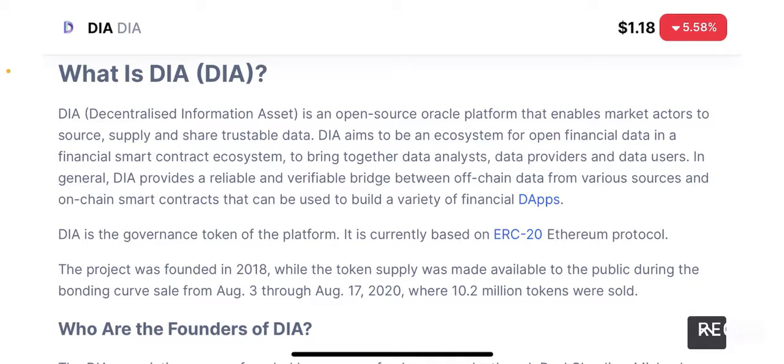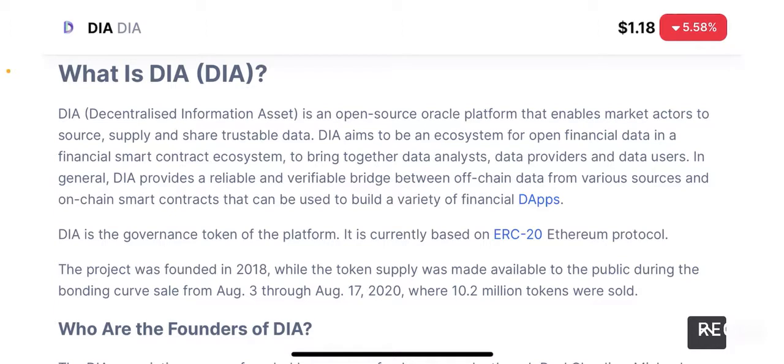So their main speciality is that they provide a reliable and verifiable bridge between off-chain data and various sources. If you have a discrepancy with information from other oracles, DIA basically aims to resolve that by bridging the information gap between various sources and off-chain information, right?